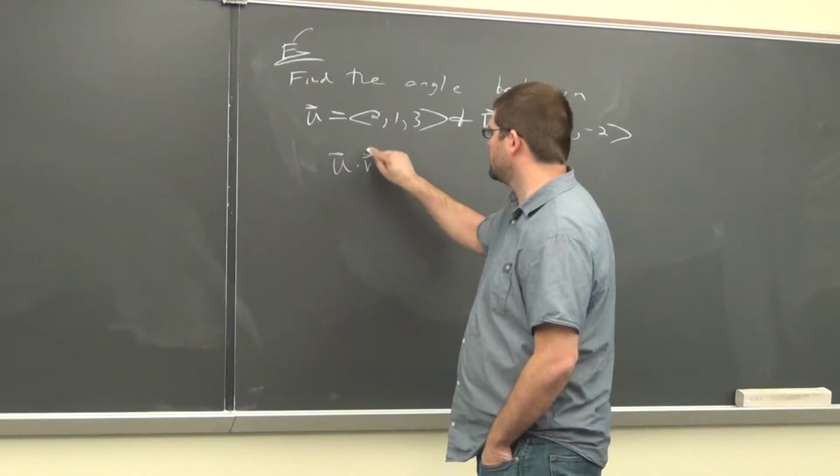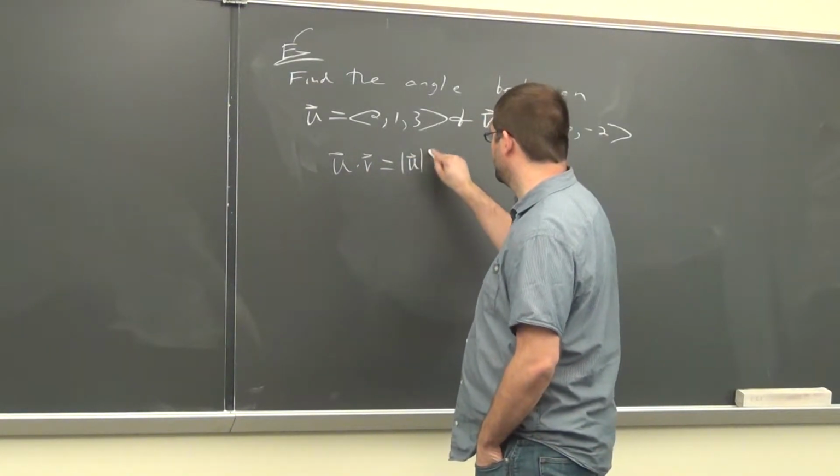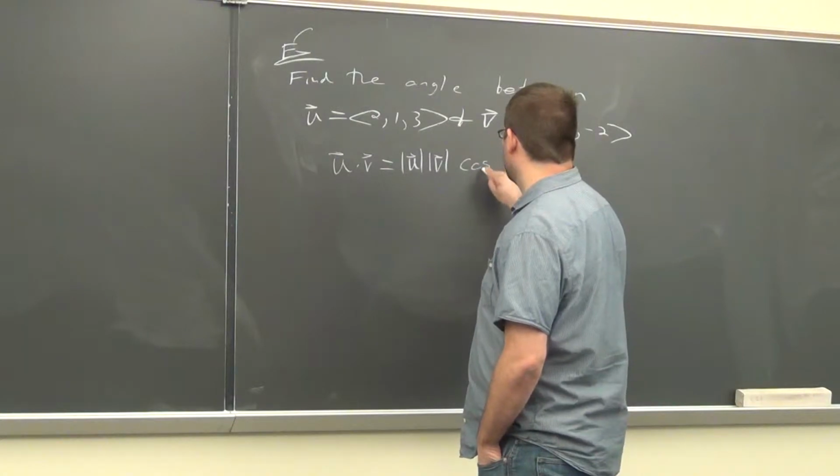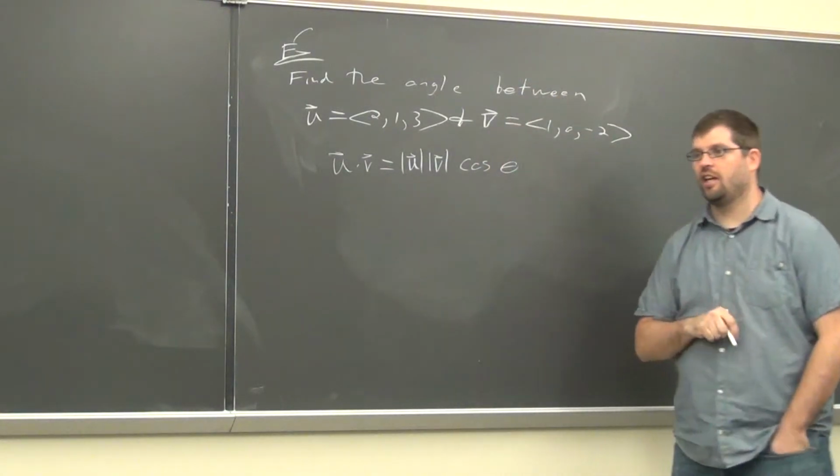So it's dot product equals magnitudes cosine of theta. Again, we're after the theta in the end.